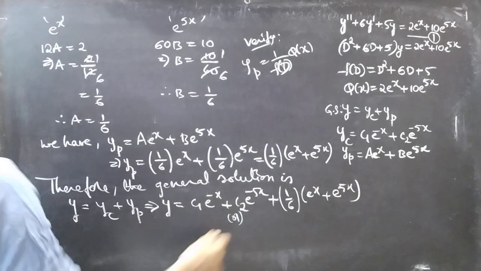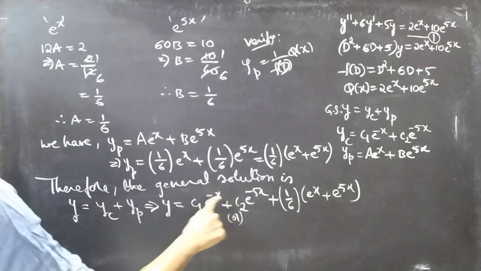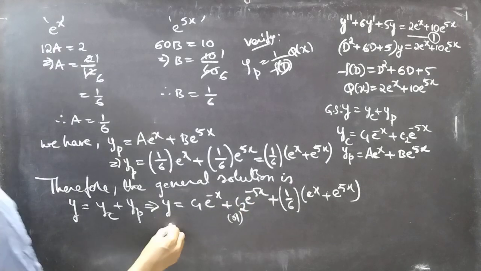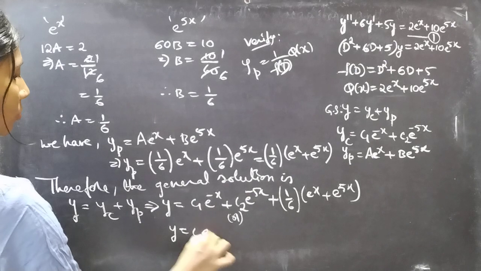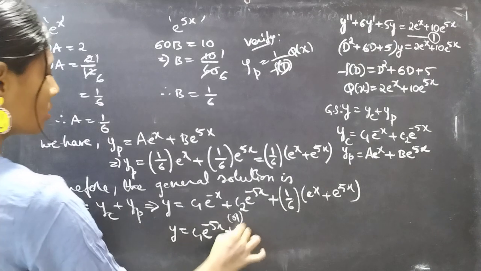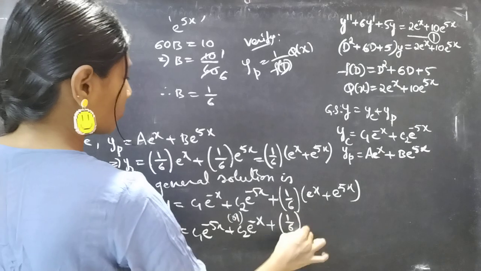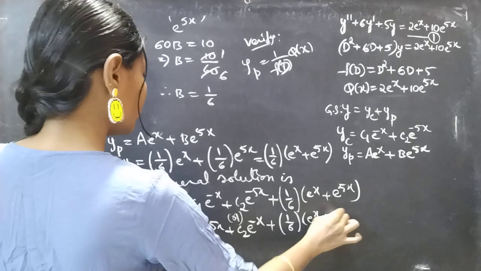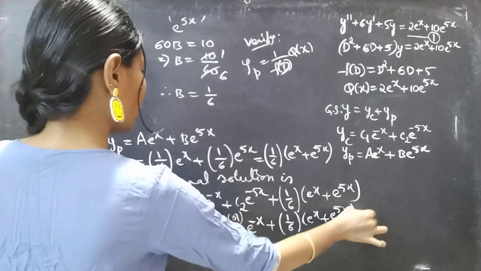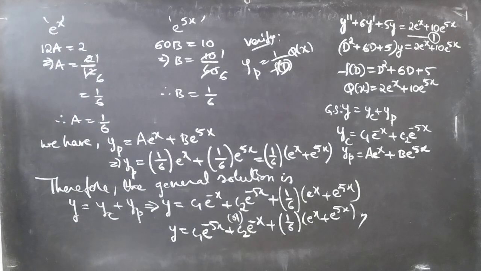Or if you take the first root as minus 5 and the second root as minus 1, you'll get y equal to c1 e power minus 5x plus c2 e power minus x plus yp. Okay, this completes the problem.